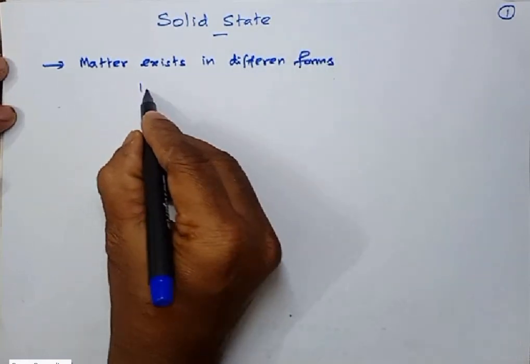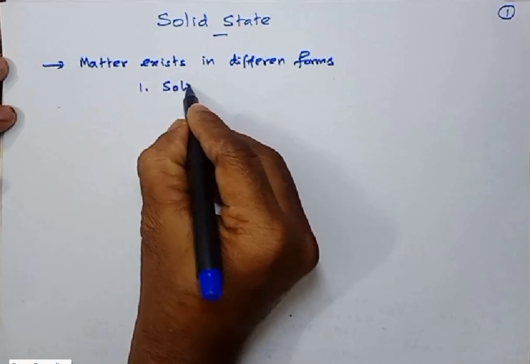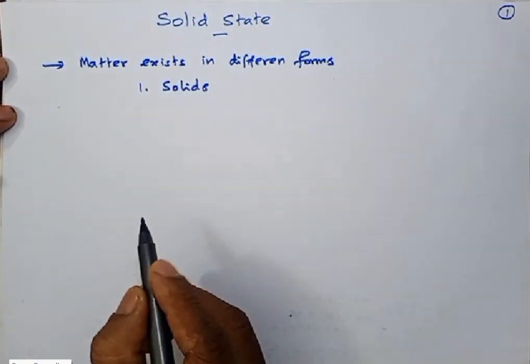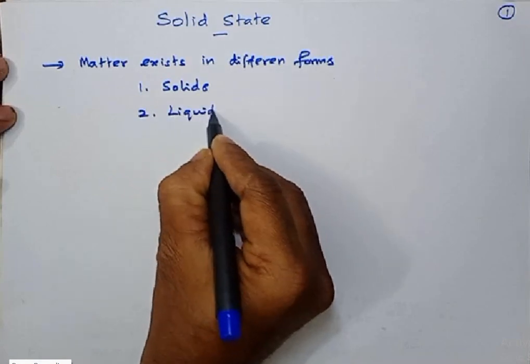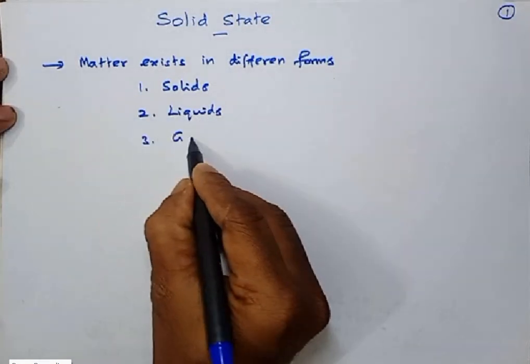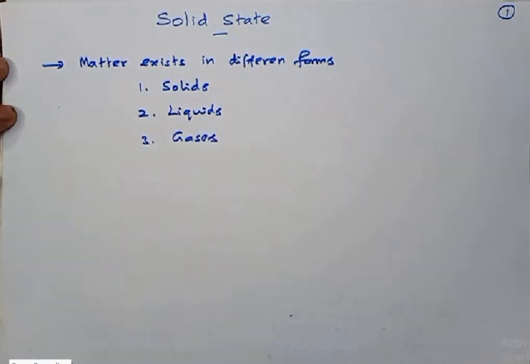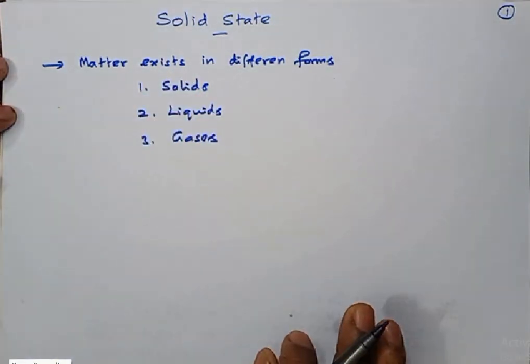Okay, what are they? We have solids, we have liquids, we have gases. These three are the main states of matter.